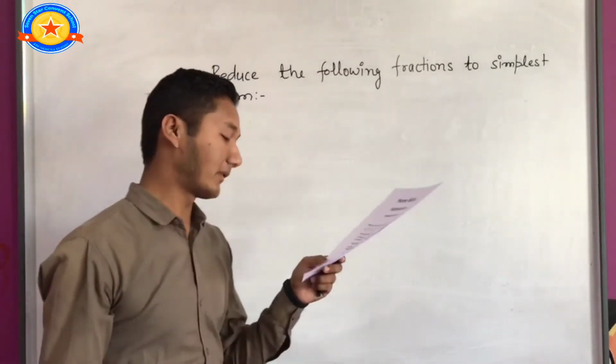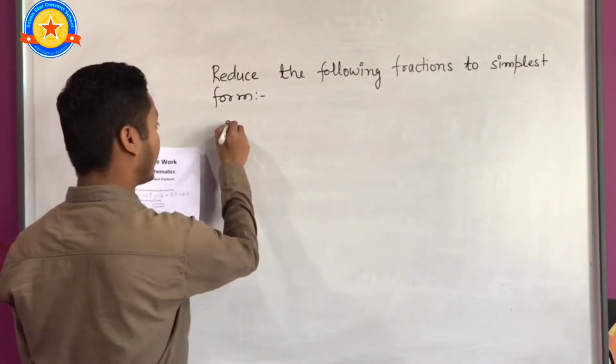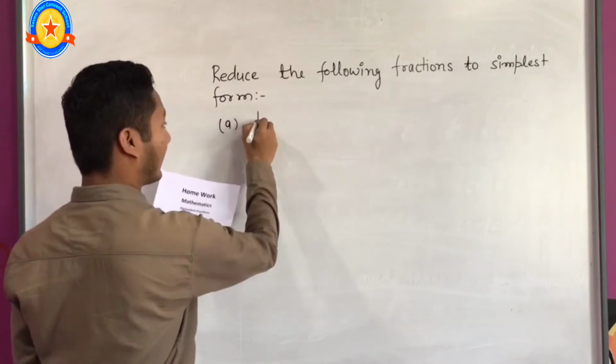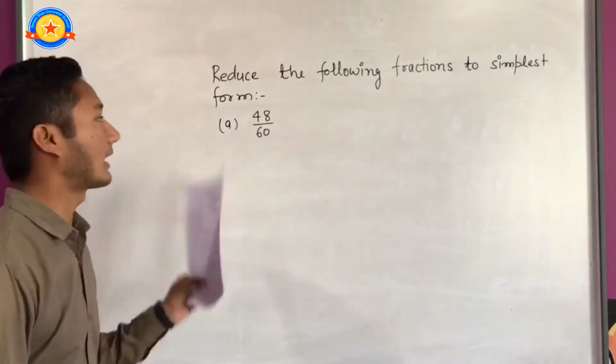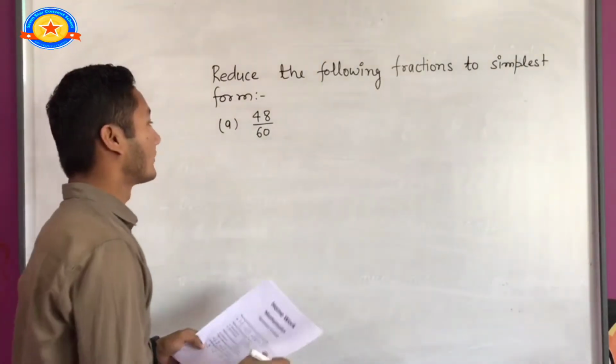In this series, our first question was A, that is 48 upon 60. We have to reduce this fraction to the simplest form.